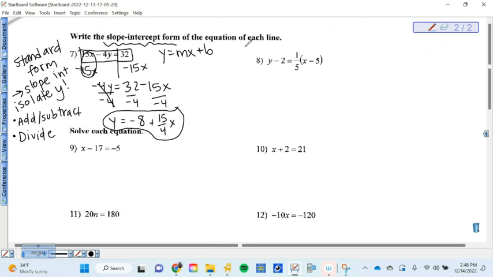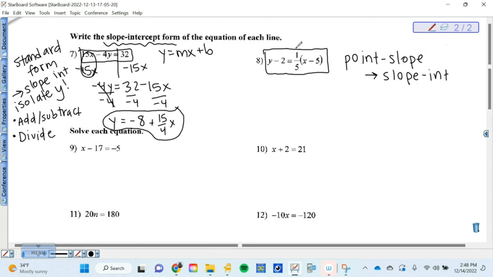How about number 8? What form is this equation in? That's point slope form. We did this in the beginning of class today. How do we go from point slope form to slope intercept form? Good. Distribute, that's a first step. I distribute that 1/5 to both things inside the parentheses.